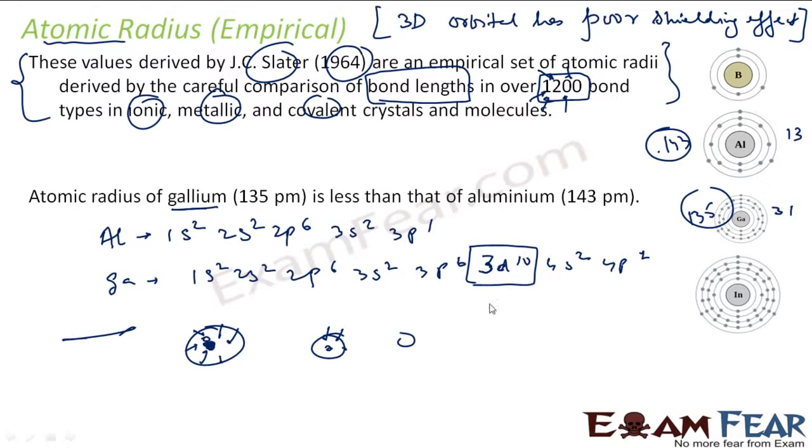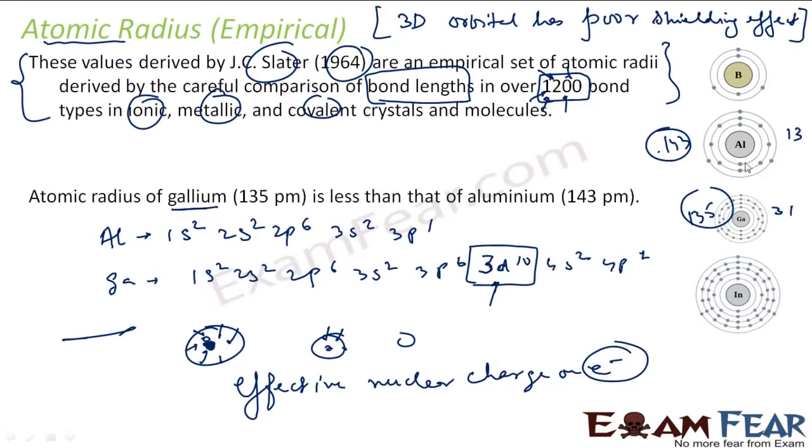Now if the 3d10 has a poor shielding effect, that means the effective nuclear charge on electrons for gallium is more, because these electrons will experience more nuclear charge effect. Why? The shielding effect is less.